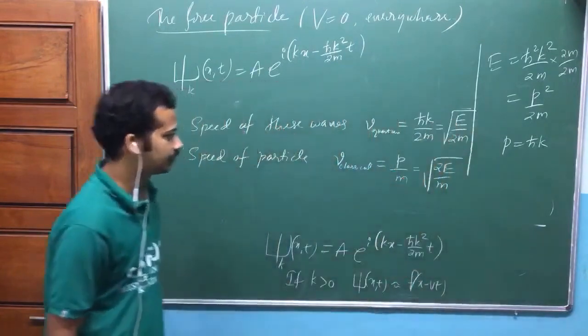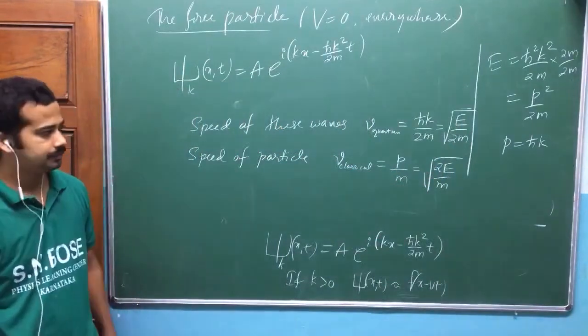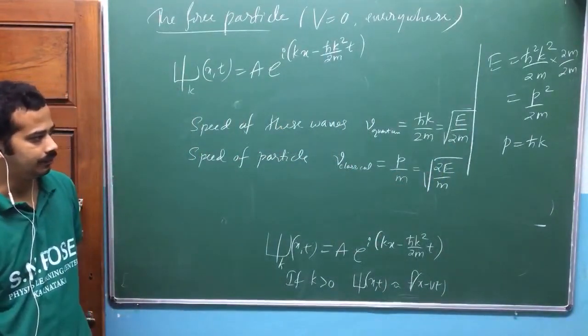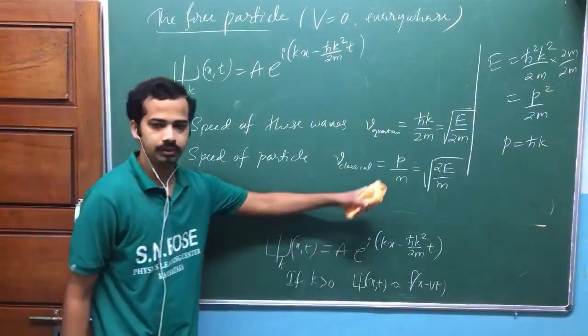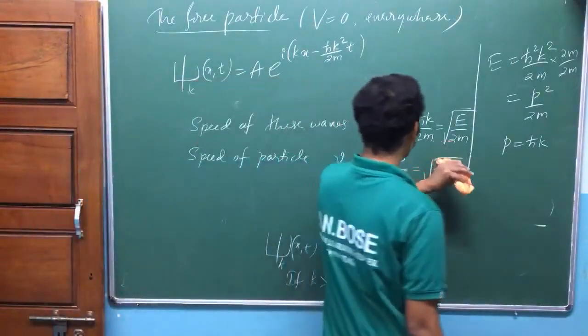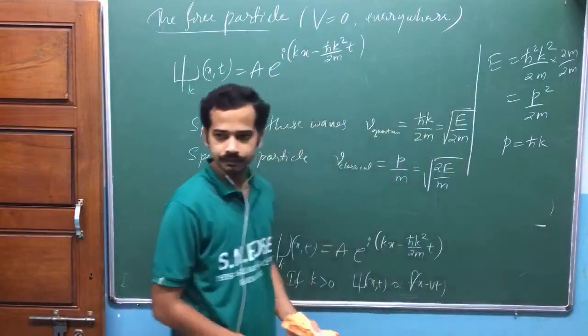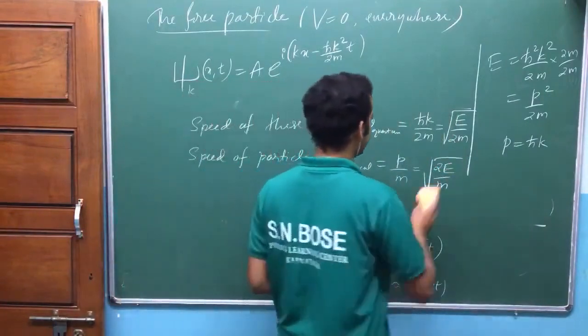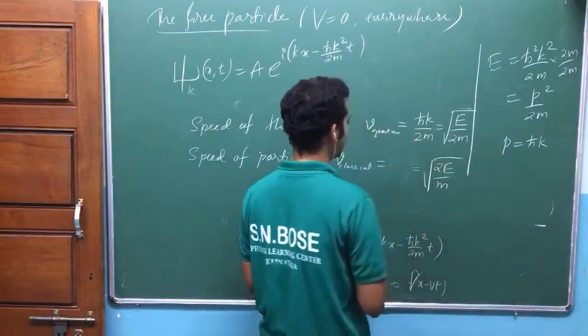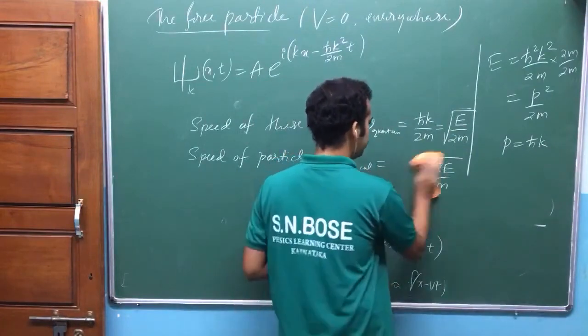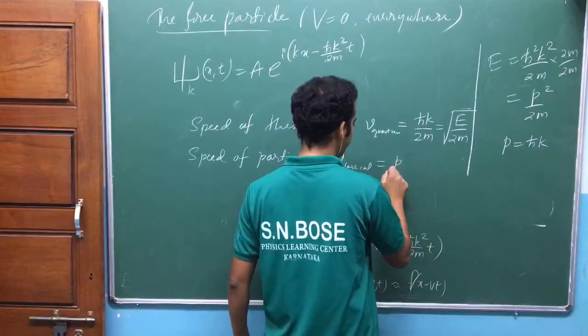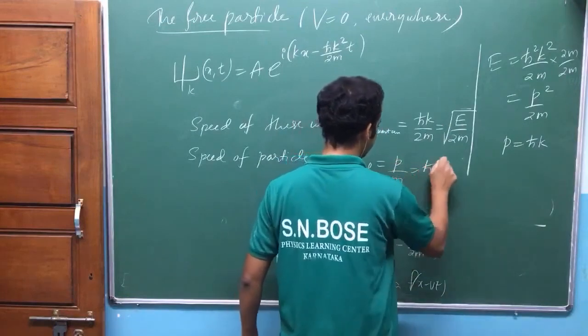Actually p is equal to root of 2m into E, divided by m. Or if you prefer, you can write h bar k by m, or p by m, momentum by mass.